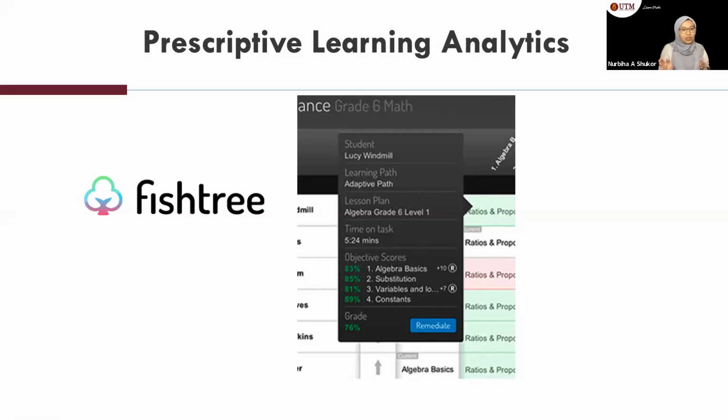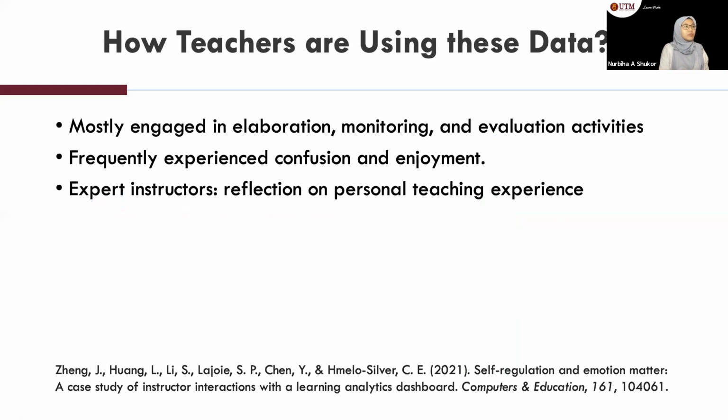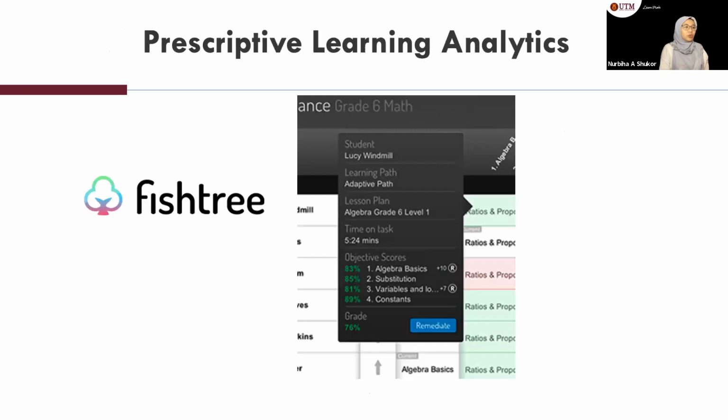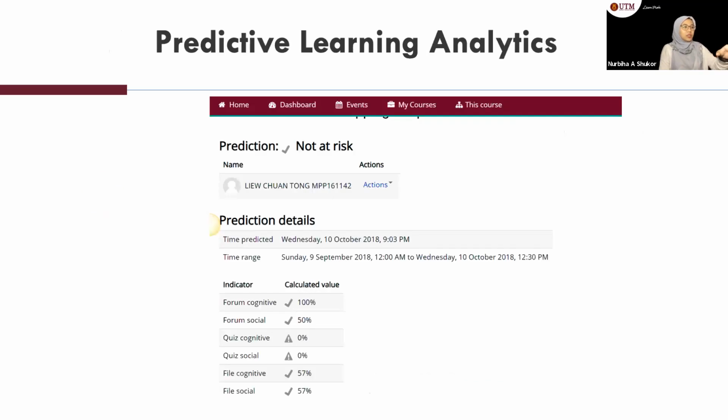Ni jenis-jenis learning analytics. Okay, so they use this learning analytics biasanya sepatutnya to engage our students lah, and then to elaborate and evaluate balik semula dengan pelajar mereka what should they do next. Okay, tapi based on research it also says that sometimes because of all these activities kan, it creates more confusion.